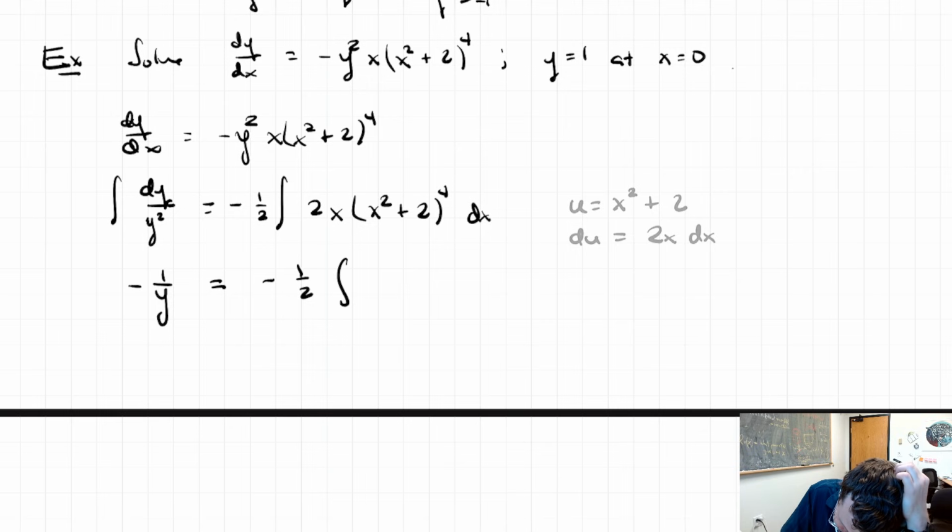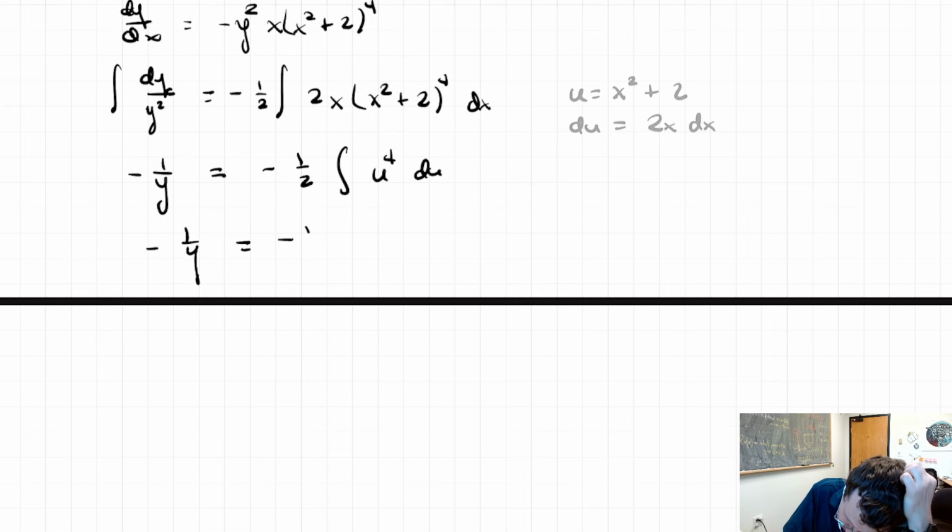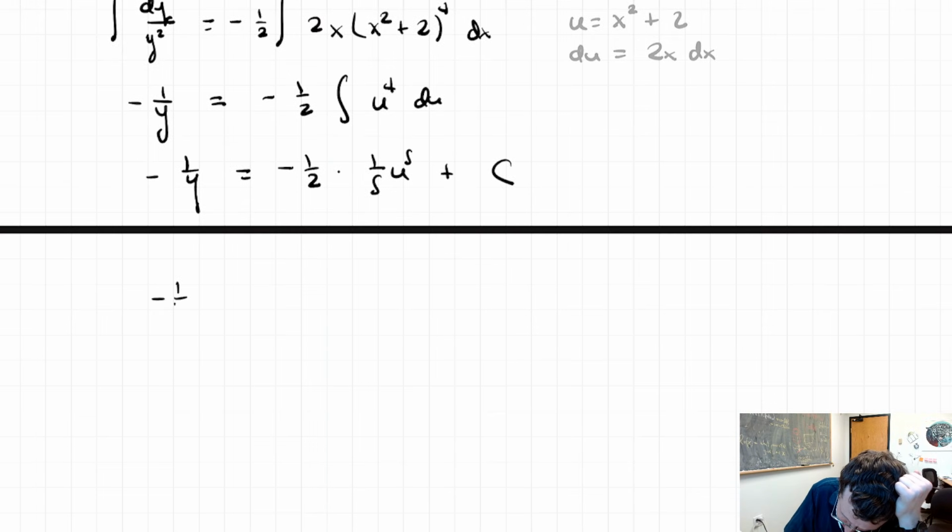So I have u to the fourth, and then the 2x dx is du. This is going to become 1/5 u to the fifth plus c. So I get 1/10 u to the fifth, and u was x squared plus 2.